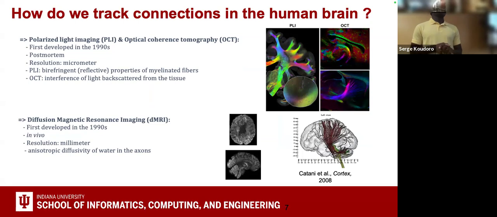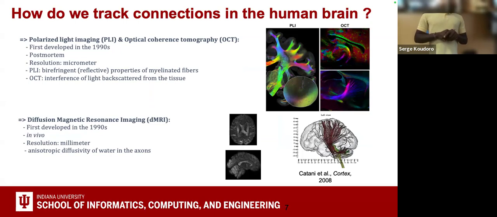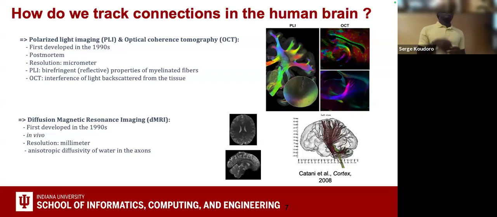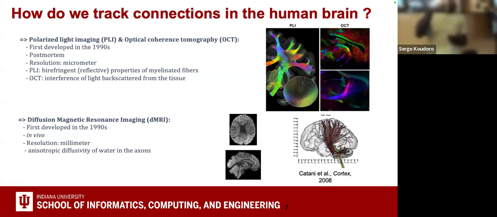The principle is that inside the fibers of the brain, you have myelin which reacts to polarized light. So in this technique, we just send polarized light on the brain, and following the reaction, how the light moves or deviates, we get an estimation of the fiber orientation.